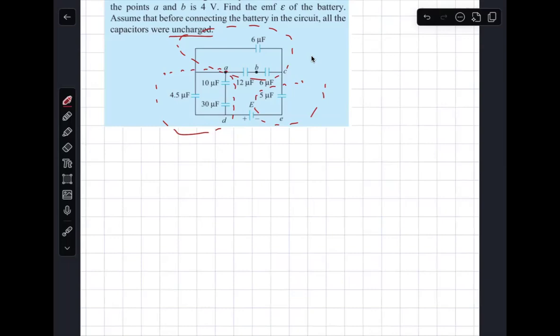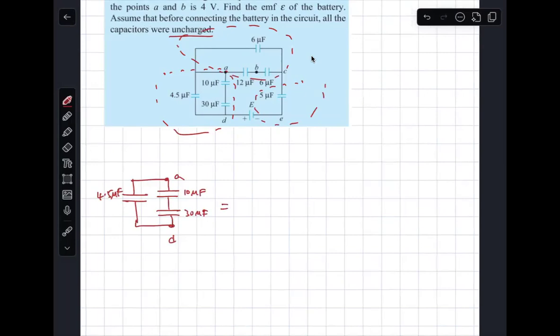Right. Now then tell me, this is a 4.5 microfarad, 10 microfarad, 30 microfarad.